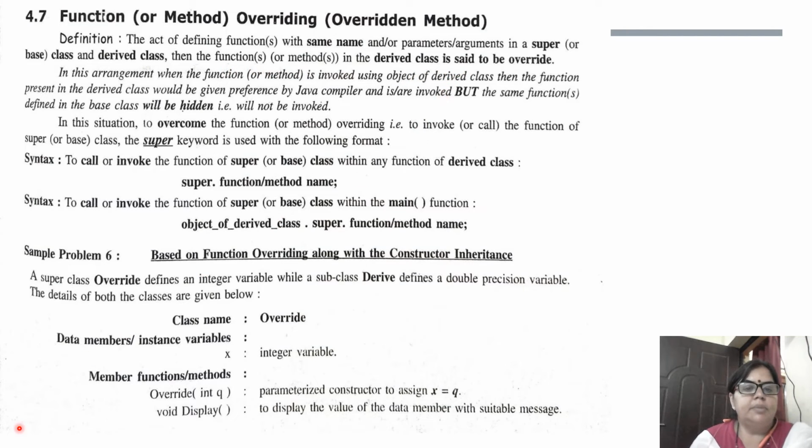See, here an example has been given. The class name is override, and in this example the superclass override defines an integer variable while the subclass derived defines a double precision variable.